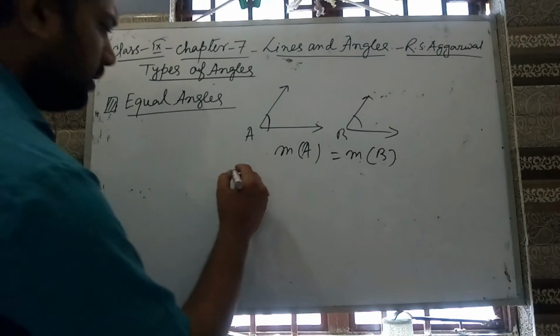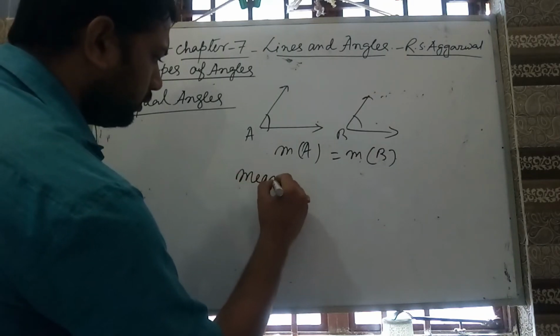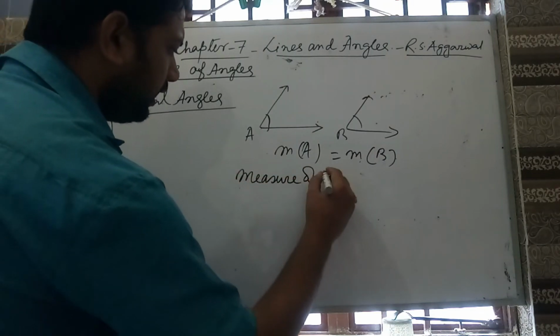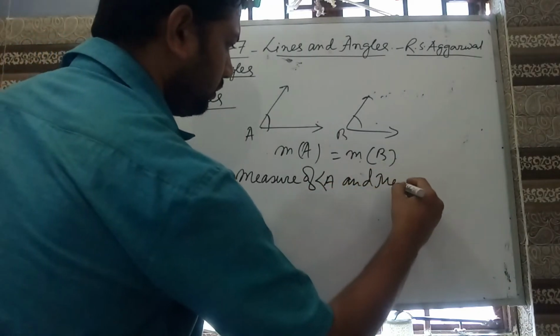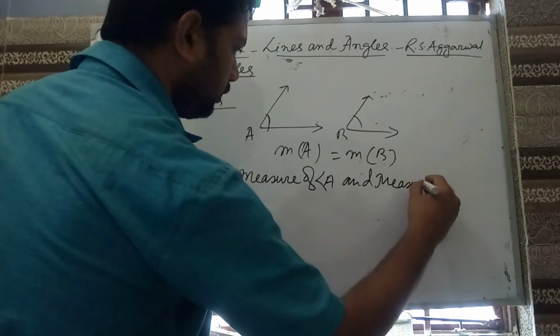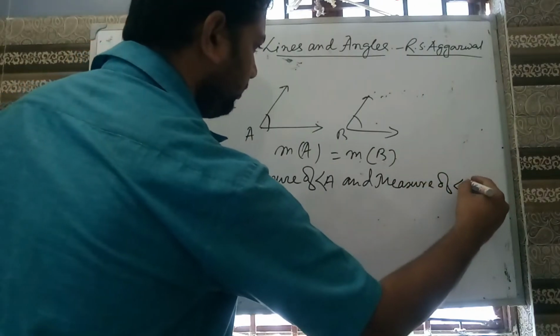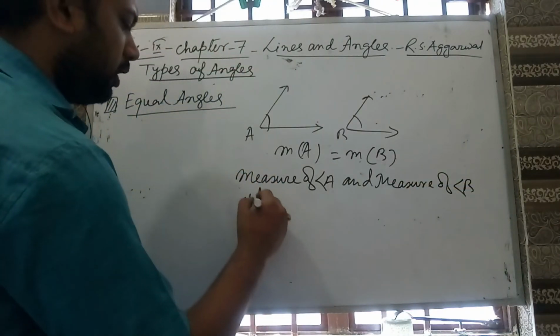M means measure of angle A and measure of angle B.